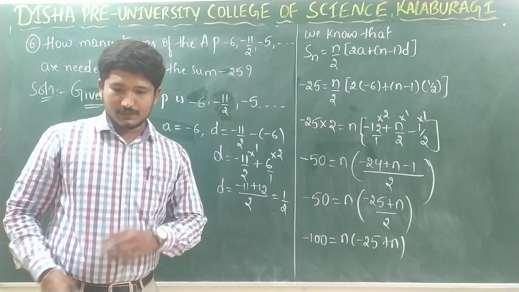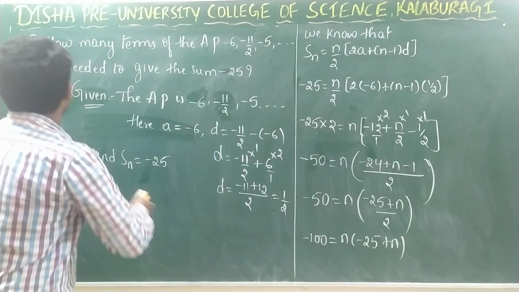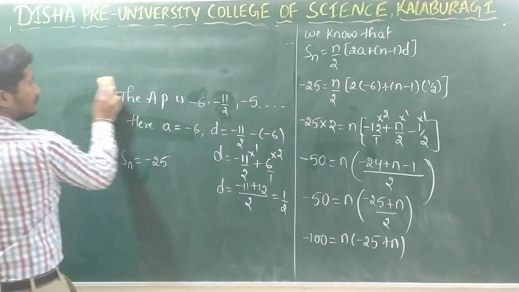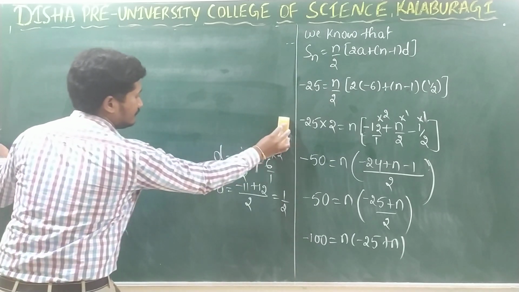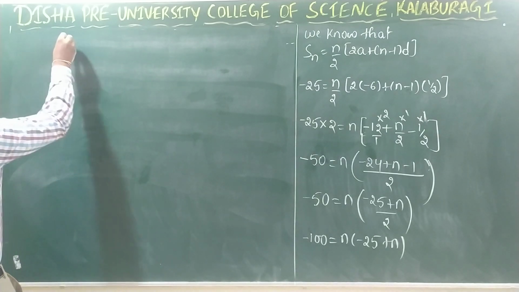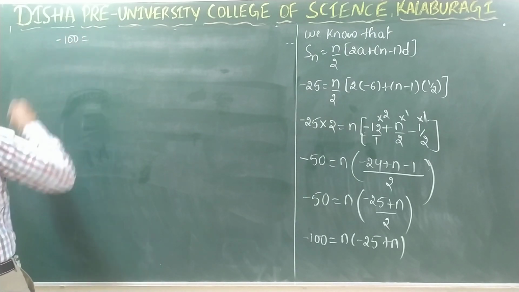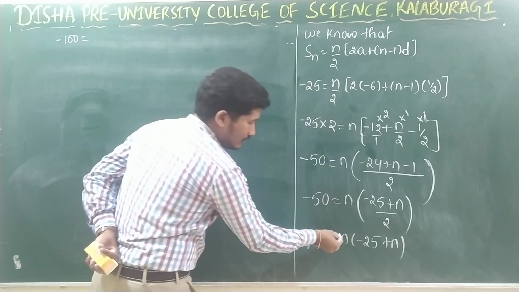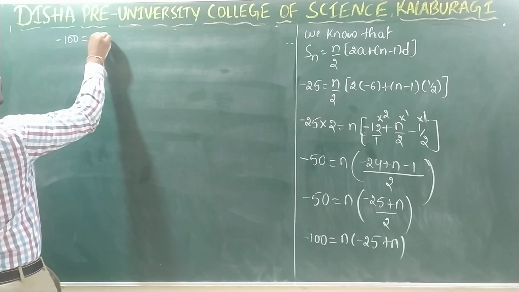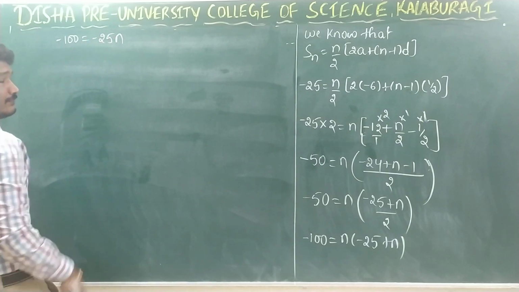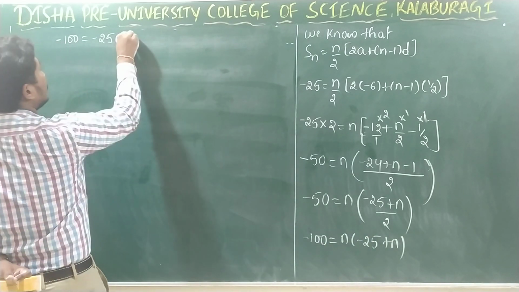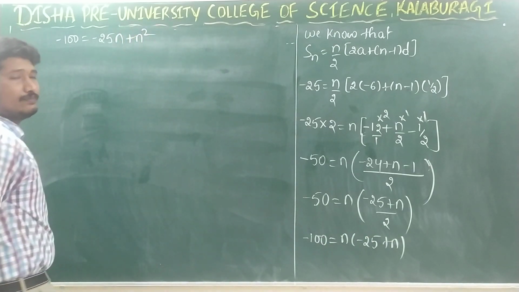Right? So now let us solve this again. I hope you have written this. See, minus 100 is equal to, open the bracket, plus into minus is minus, n into 25 is 25n, so minus 25n. Right? Plus into plus is plus, n into n is n square. Right?